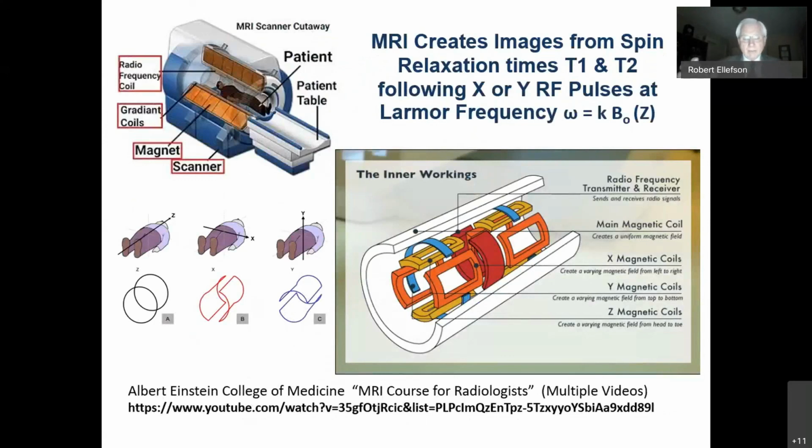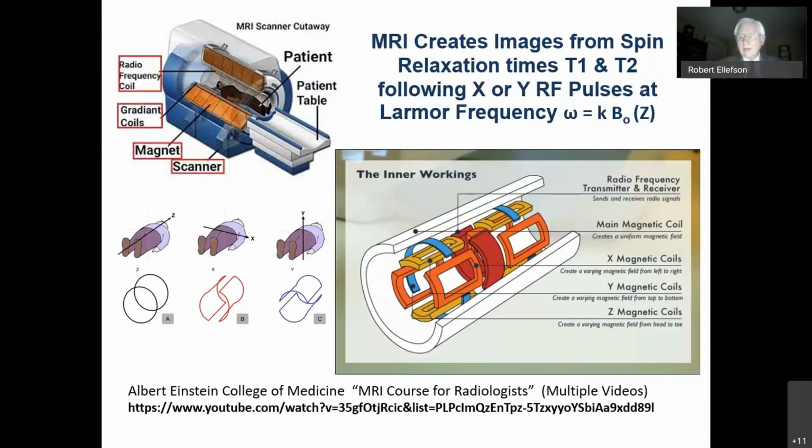Then various pulsing of coils in the X and Y direction, these various colored coils, can generate a pulse that turns the spin of the proton to face against the magnetic field. And then you can measure the relaxation times T1 and T2. And those are the characteristic information that tells you what kind of environment this particular proton sits in.